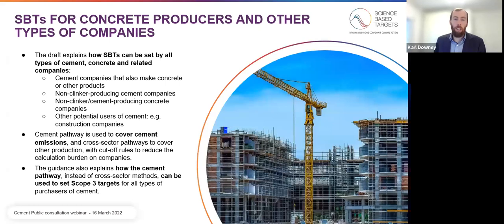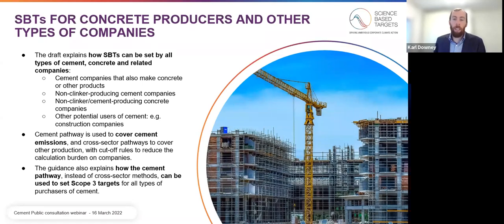I'm just going to mention two more things in the draft guidance before handing over to our speaker from Holcim, Antonio. So it's interesting for you all to know that the guidance includes explanation for how companies all along the cement value chain can use these pathways to set their targets.